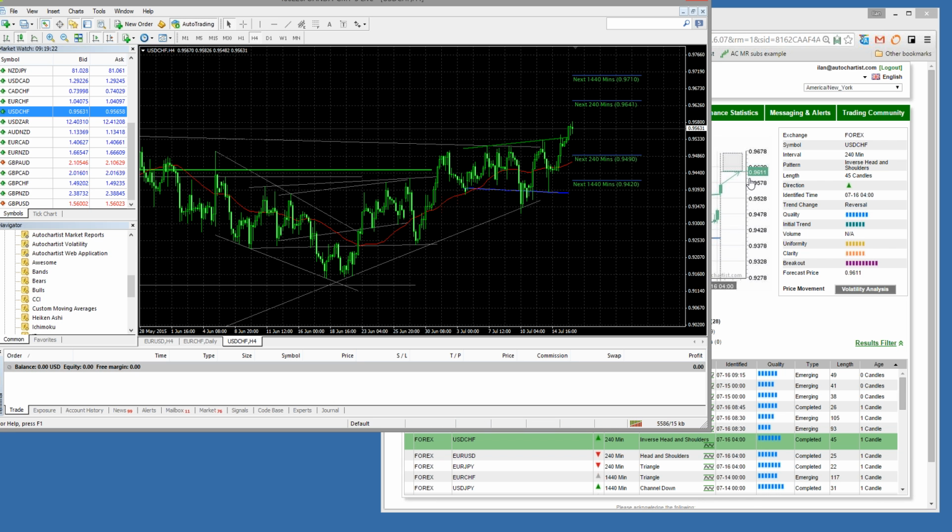So let's just see our target forecast for this opportunity here: 0.9611. Let's see where there is 0.9611, somewhere around here. Okay, so we see Autochartist thinks it's getting to that level. This is a 4-hourly candle movement.